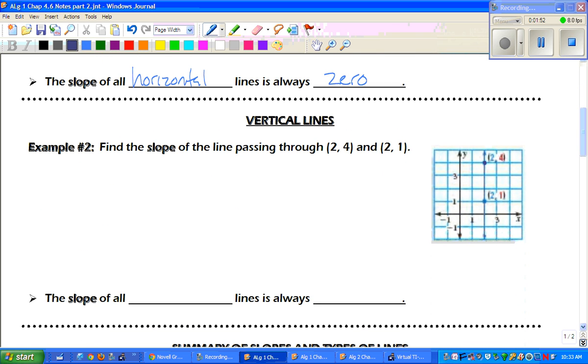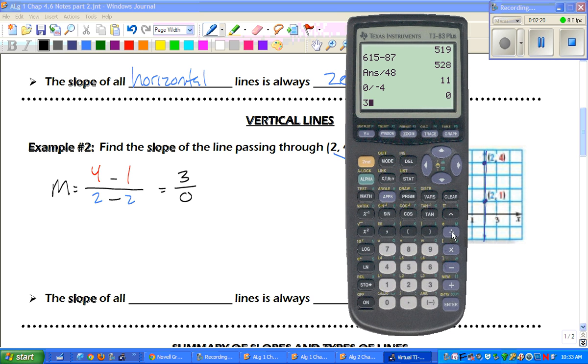All right, here are points here and there, and now we're making a vertical line. So anytime we do the slope formula, we start off like that. Y is on the top, 4 minus 1, and 2 minus 2, which gives us 4 minus 1 is 3, 2 minus 2 is 0, and let's do that on your calculator, see what you get, because it's going to give you a different answer.